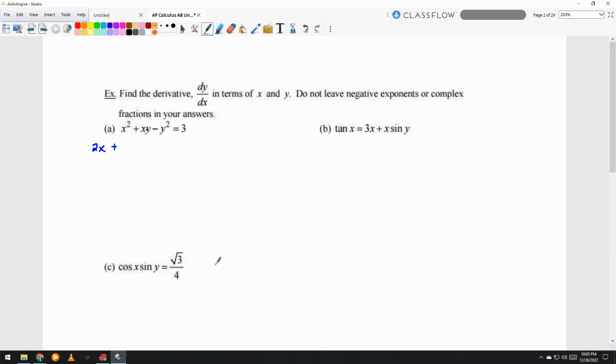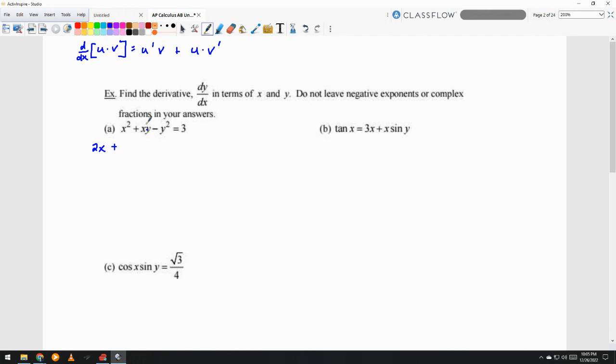We learned in our last unit that when you need to differentiate a product, you have to use the product rule. I'll write that up here again. If you're doing d over dx of u times v, where u and v are both functions of x, then that is equal to u prime times v plus u times v prime.